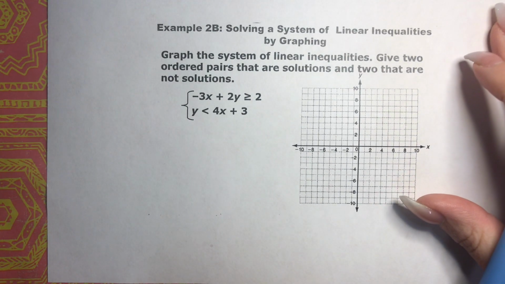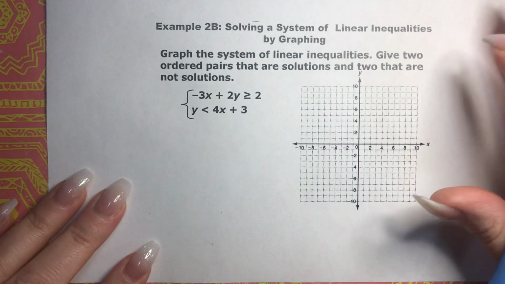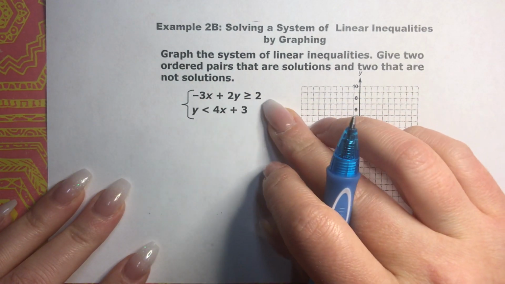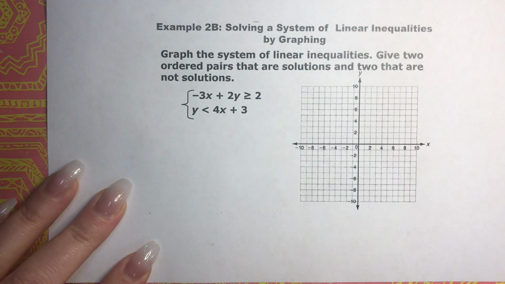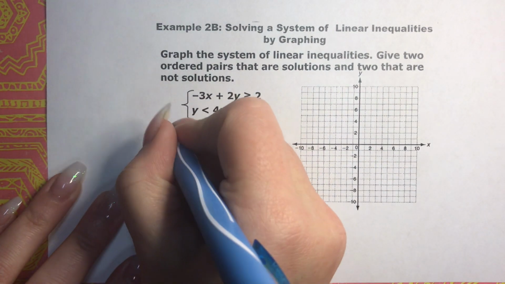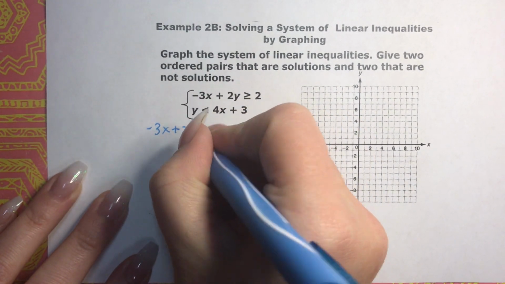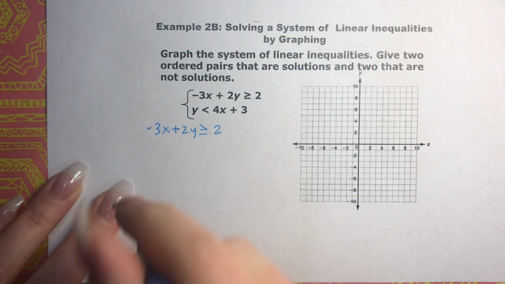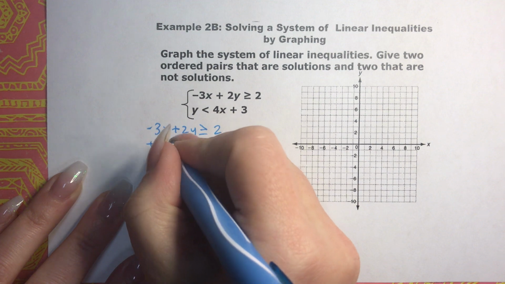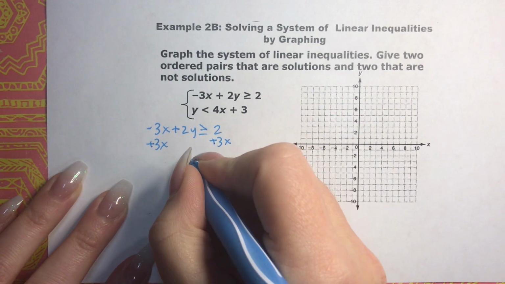For these ones, they're going to make us do some work. This is in standard form. We need to put it in slope-intercept form so that we can graph it. We can just solve it for y. Not a big deal. We need to get y by itself, so I'm going to add 3x to both sides.